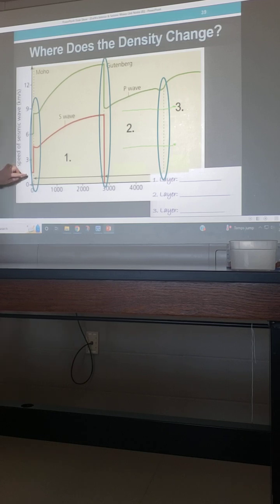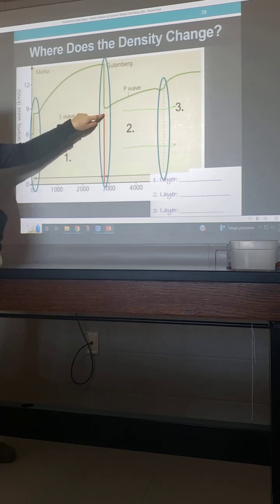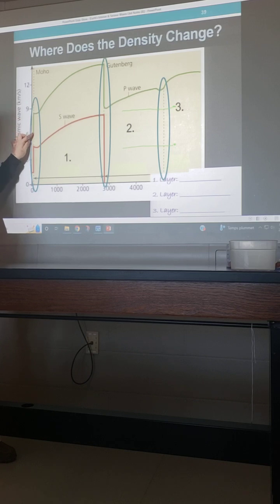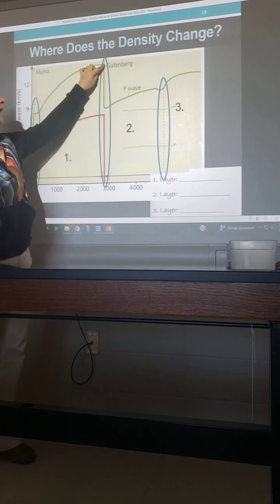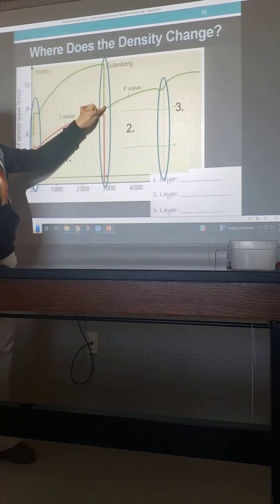So you can see the speed is increasing, and then it changes as it hits that MOHO boundary. And then you can see it's speeding up, and then bam, it slows way down. And if we do the same thing with the P waves, it's speeding up, it hits that boundary, and then it speeds up again as it starts to go through the mantle, and then all of a sudden, bam, it slows way down again, right?